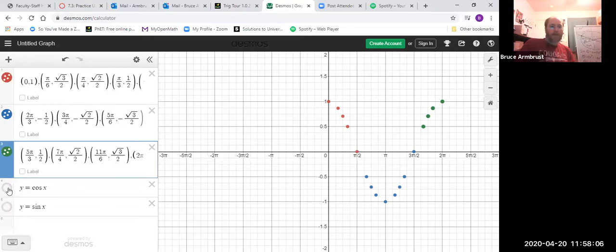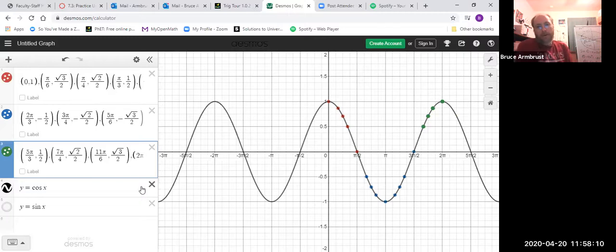So let me turn on the graph of cosine. So this is a graph of cosine of theta. I know that on my graph on Desmos it says y equals cosine of x. Now think of it as f of theta is cosine of theta. It's a function of theta. And it looks something like this. It's a wave.